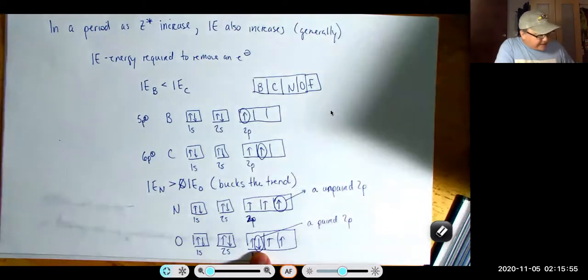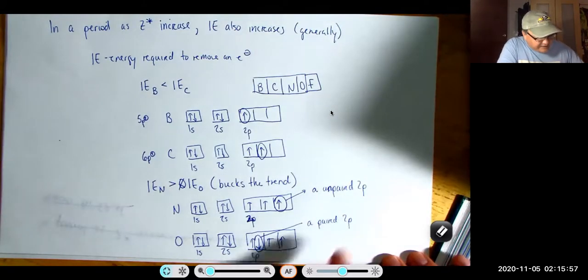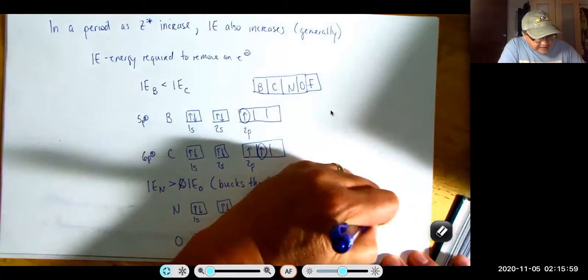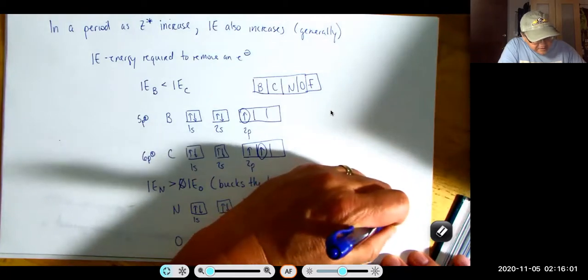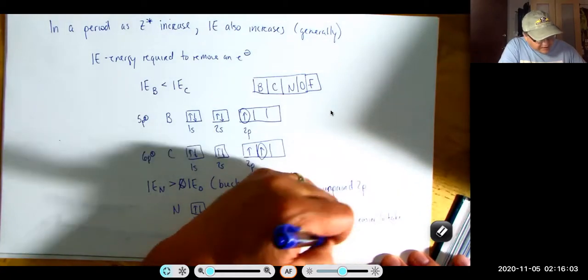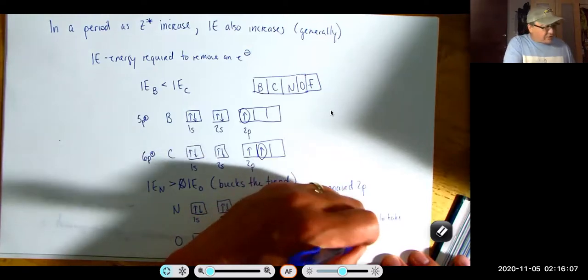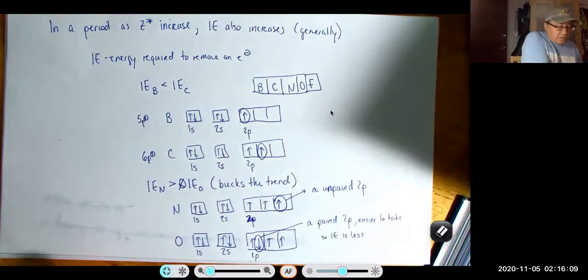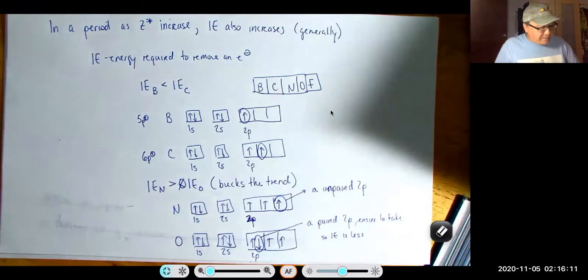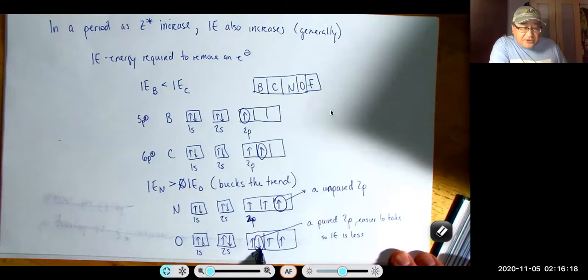So that means that this paired 2p is easier to take. So the ionization energy is less. So the general trend is to go bigger when you go to the right, but there are these little bucking trends.